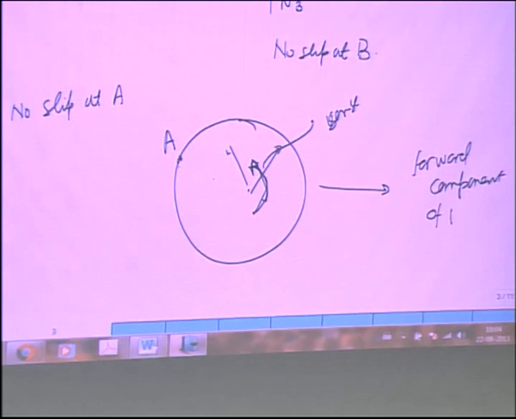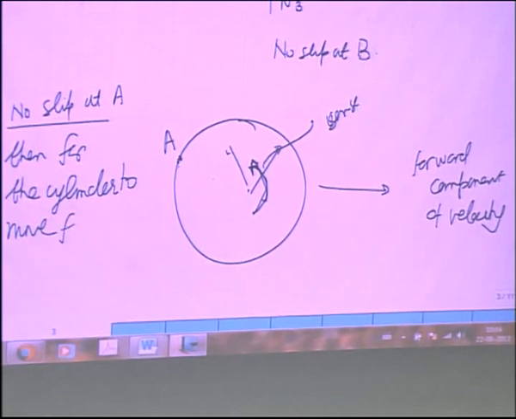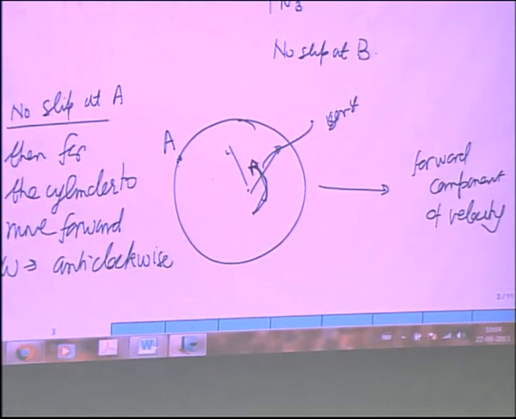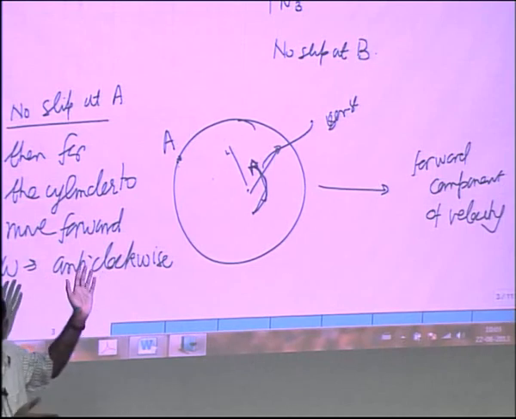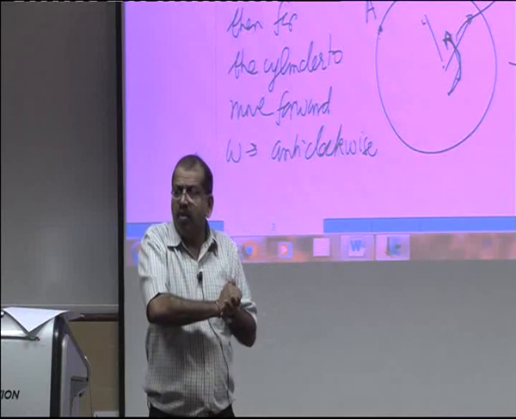So, if there is no slip at A, then for the cylinder to move forward, omega has to be anti-clockwise.